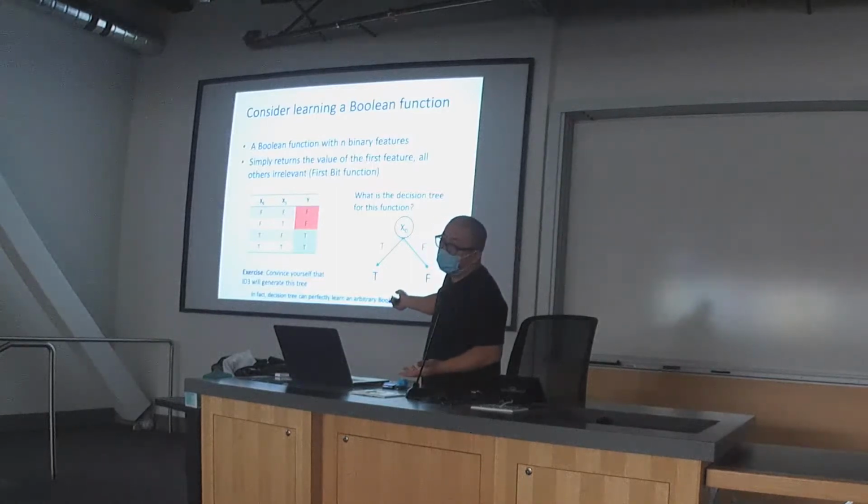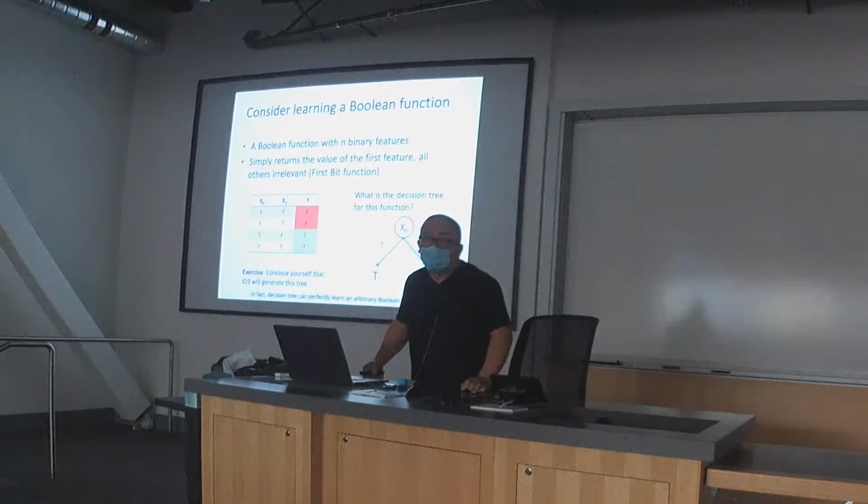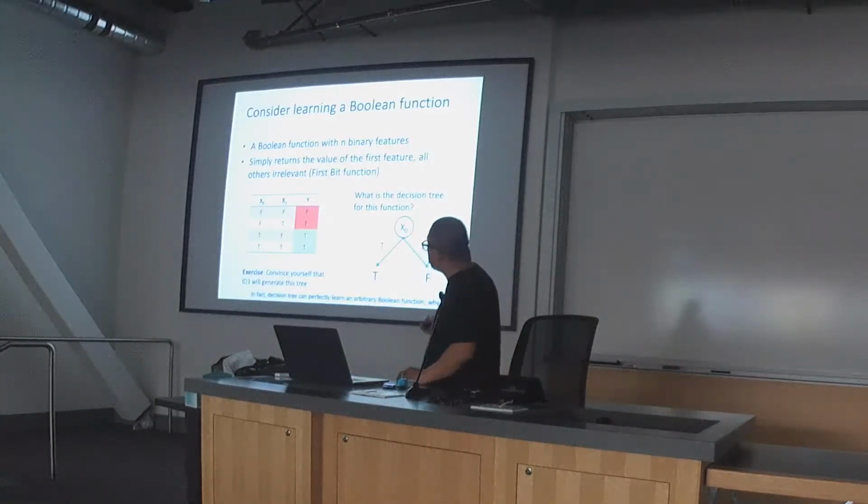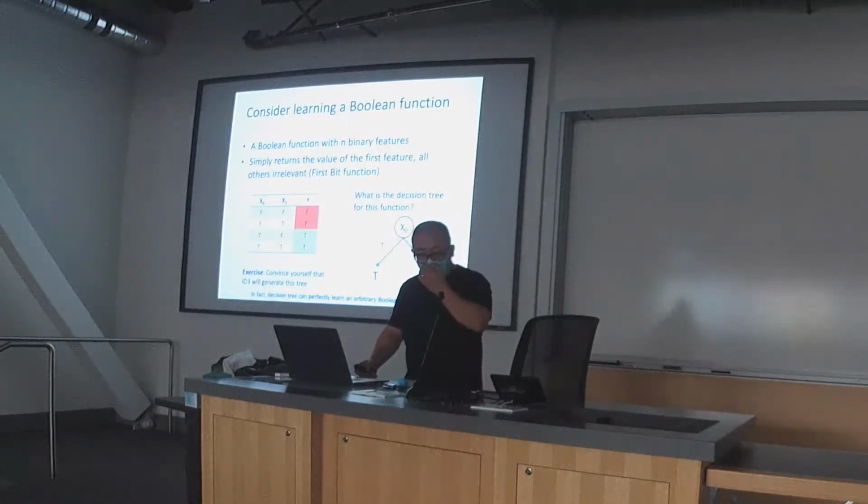It won't happen that at some stage you have a mixed set of labels, but all the attributes are used up. That won't happen, right? So this is very important. This actually exhibits a very good property of decision tree.